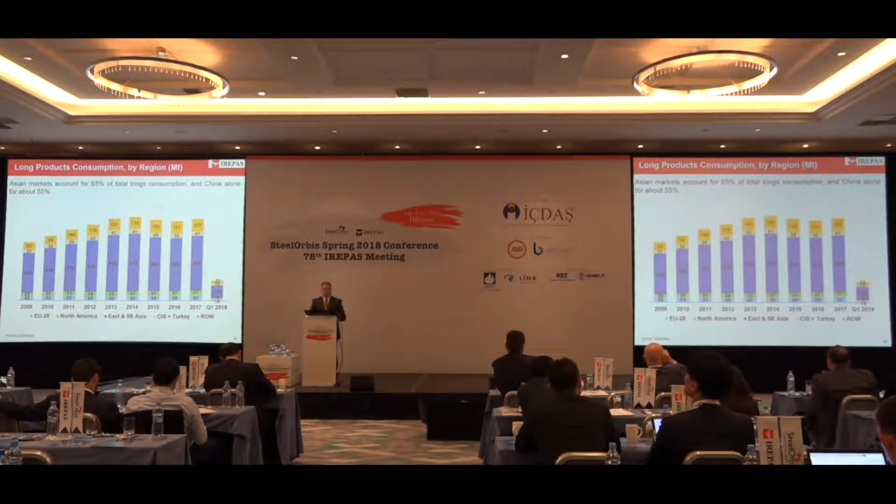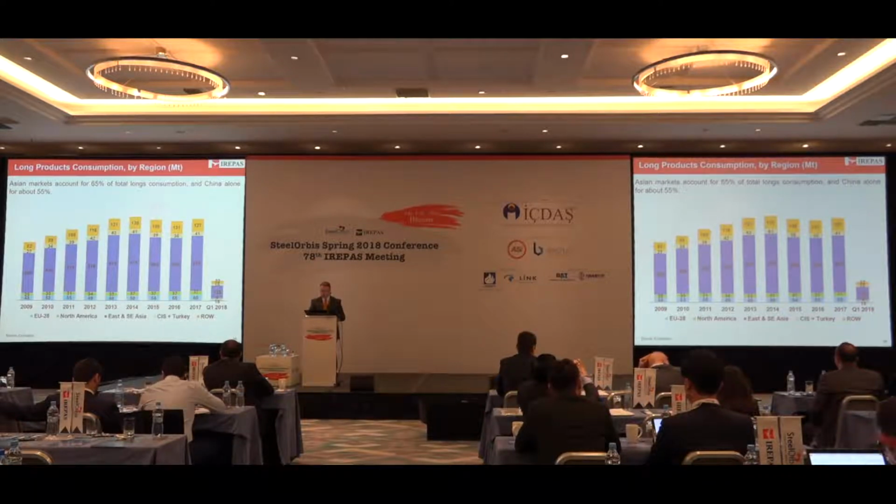Also some information regarding the consumption of long products in the different areas of the world. Asian markets account for more than 60% of total long products consumption, and China alone represents more than 55%. In the first quarter, we find that the European Union apparent consumption was 15 million tons, 9 million tons in North America, 129 in Asia and Southeast Asia, 50 million tons in these countries plus Turkey, and 32 in the rest of the world.